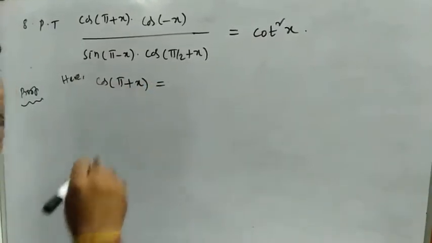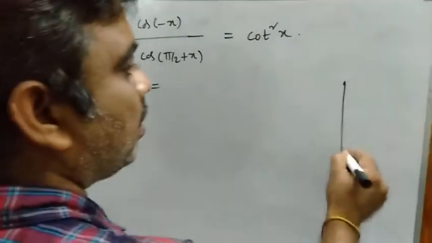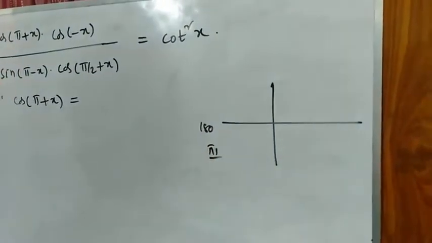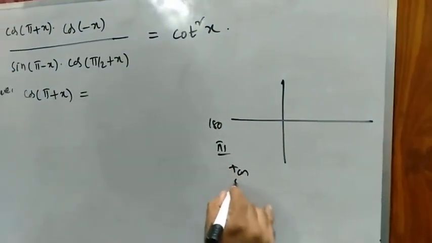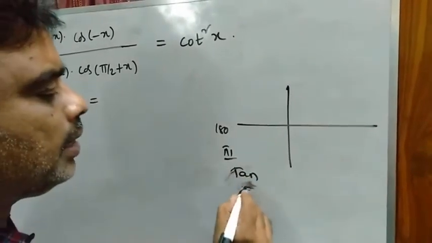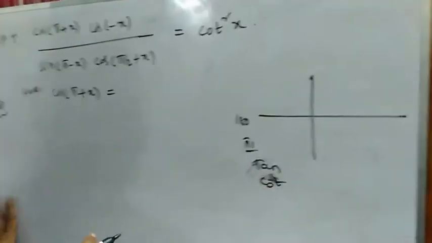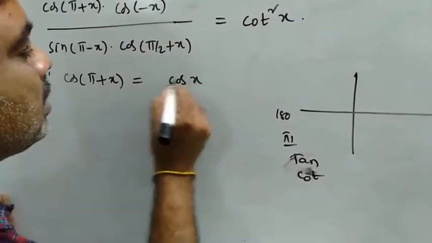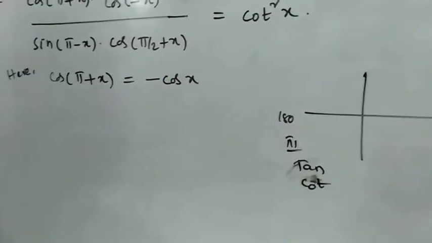Cos pi plus x means cos 180 plus x. Cos 180 plus x means that will come in the third quadrant. Here tan and cot are positive, remaining all are negative. So pi means the function will get the same function, cos x, with minus sign.